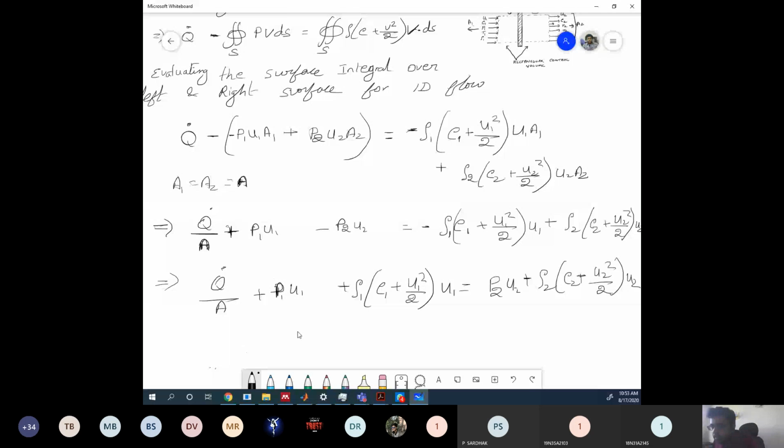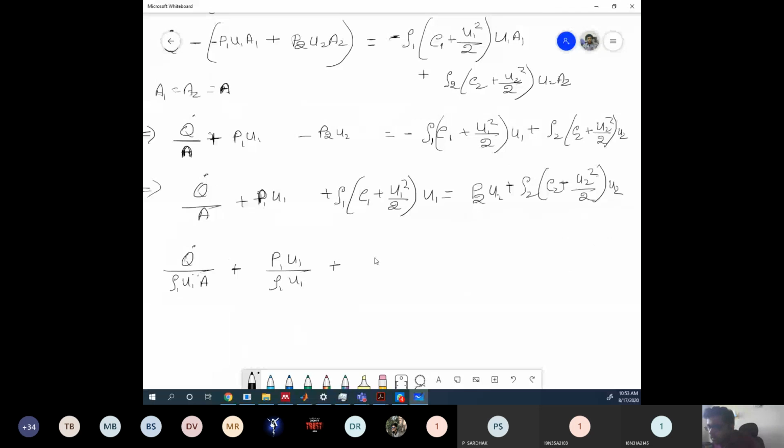Plus rho1 by u1 by rho1 u1, plus e1 plus u1 square by 2, is equal to, if I take rho2 u2, I have divided it, right?